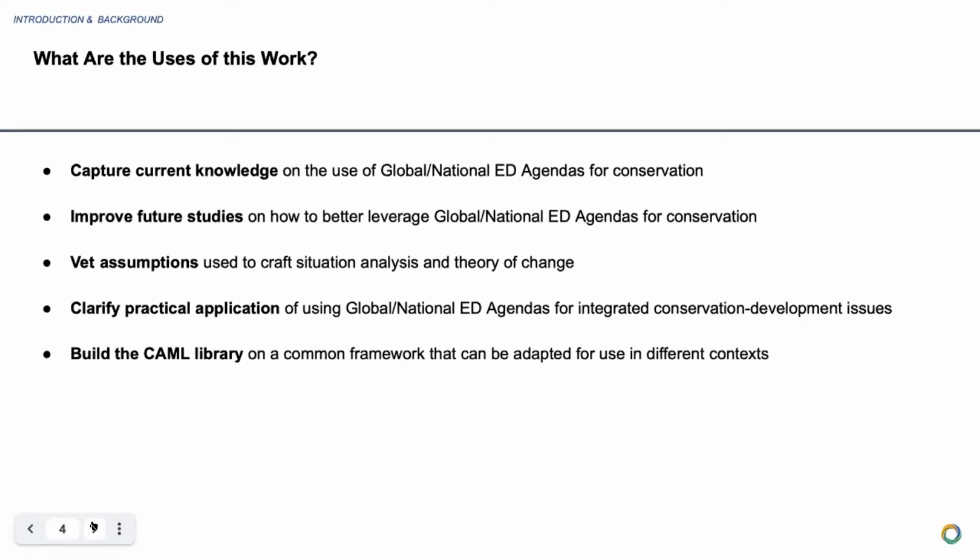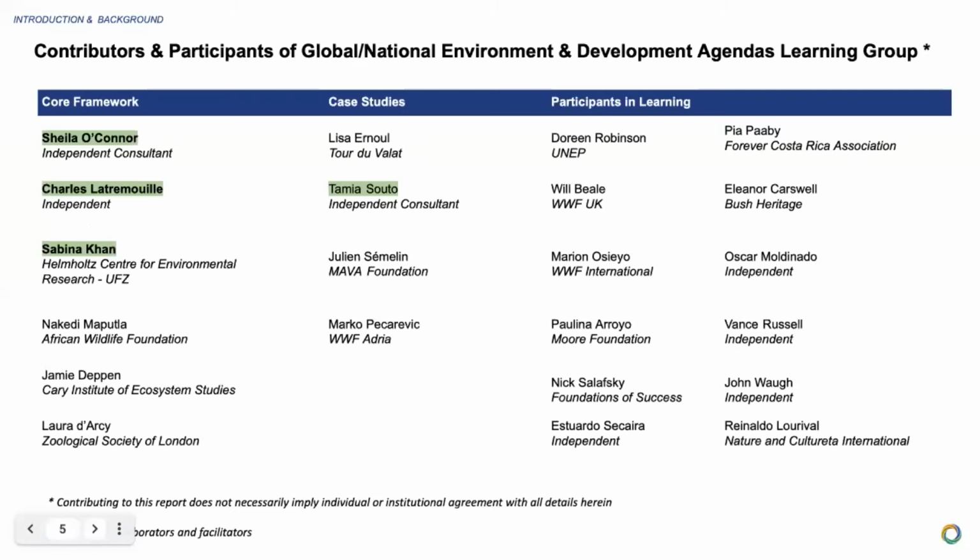And that leads to also clarifying how you can practically apply global and national agendas for integrated conservation and development issues. And we wanted to contribute to building the CAMA library with a common framework that can be adapted for use in different contexts.